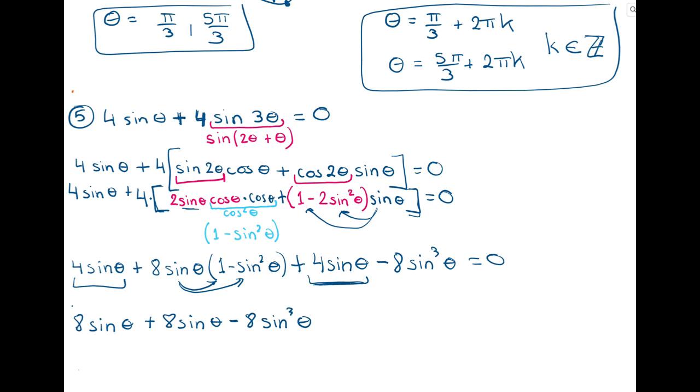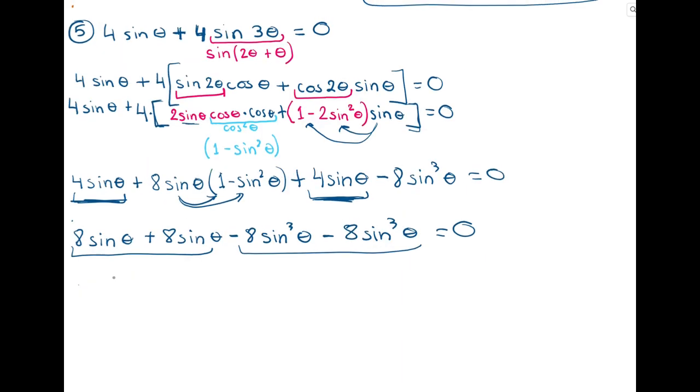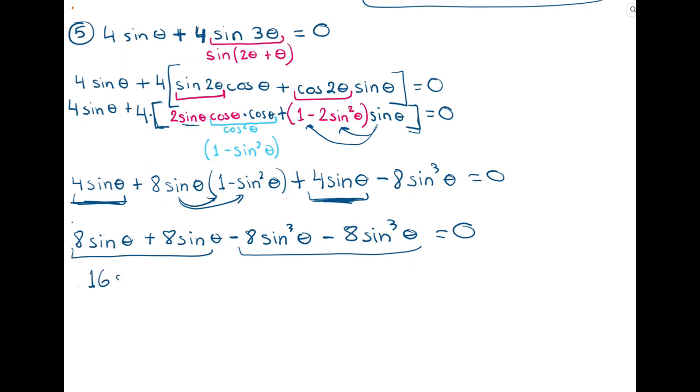So this 4 here was already combined with this one in my 8 sine theta here, so now I still have that minus 8 sine cubed theta. Okay, and when you're looking, we have like terms here and we have like terms here, so put those together will give me 16 sine theta minus 16 sine cubed theta equals 0.